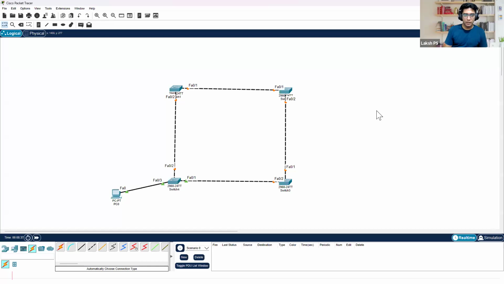We'll wait for the interfaces to turn green.